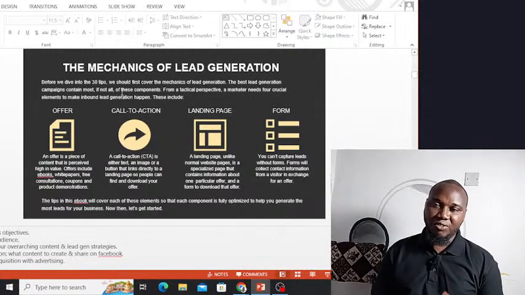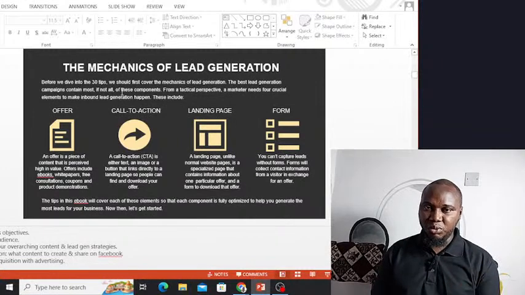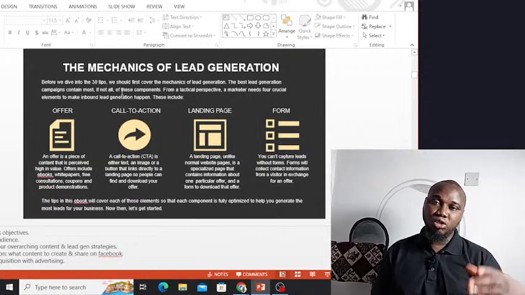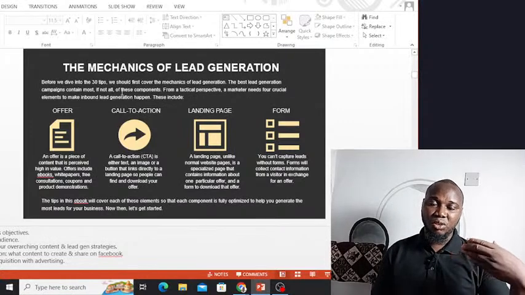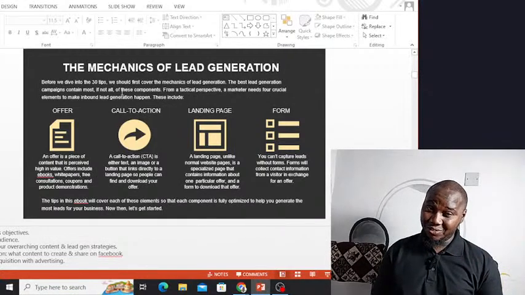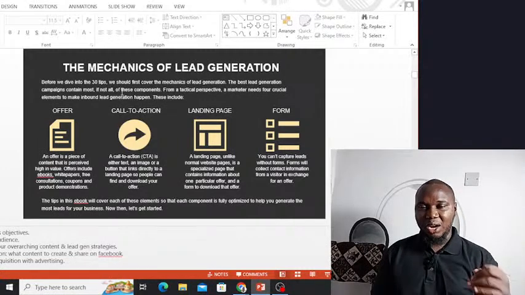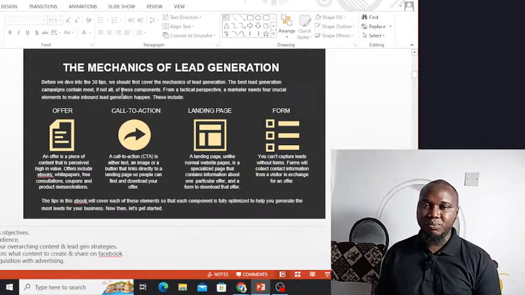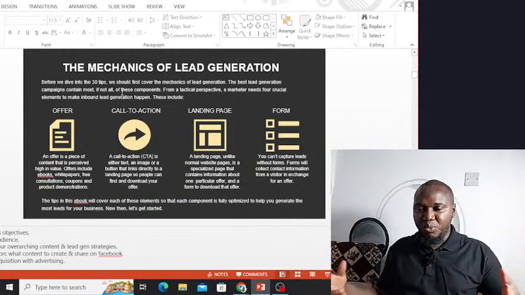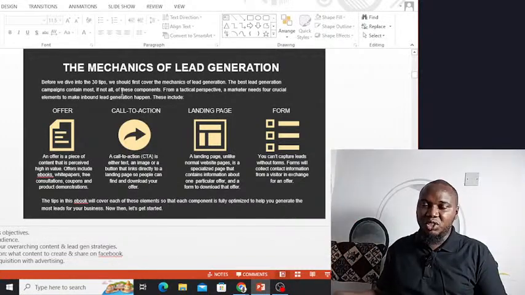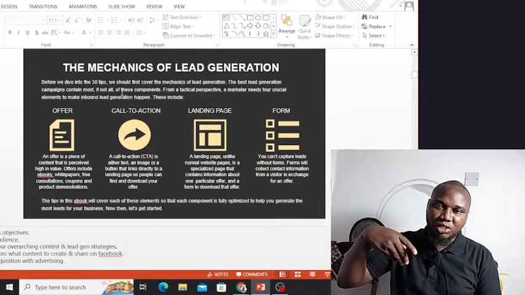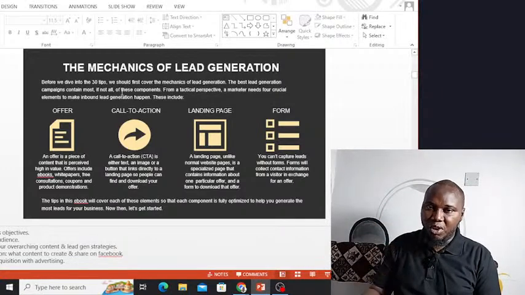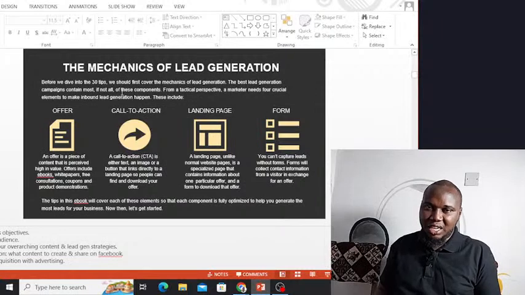So for your lead to be valuable, you want to create an offer, you want to set a call to action which can be generated through your campaigns and probably your organic efforts. You want to do all those. And of course, you drive traffic to a landing page for people who visit the landing page to then see the introduction, see the information about your offer, and fill in the form.